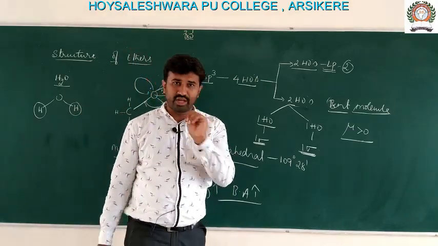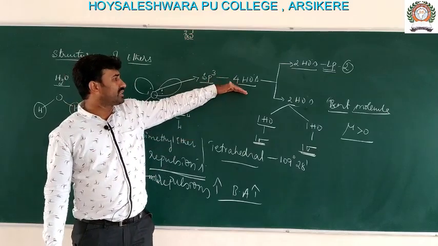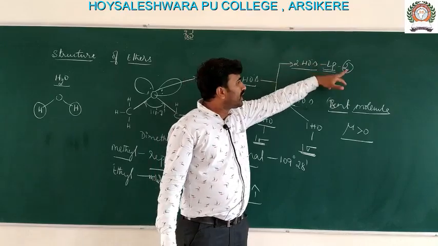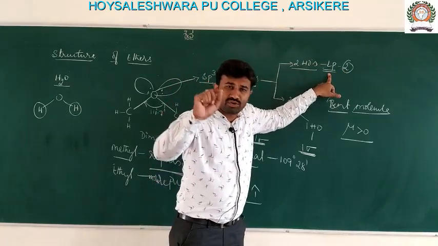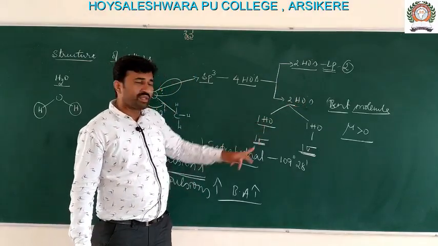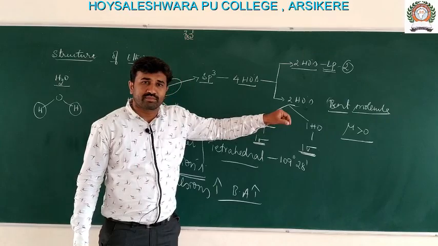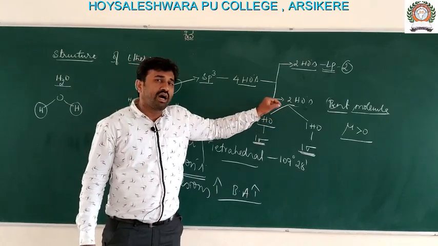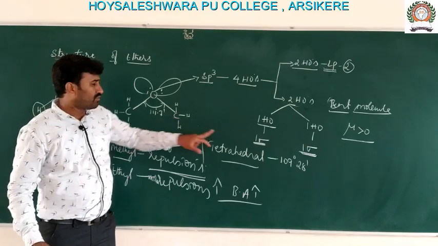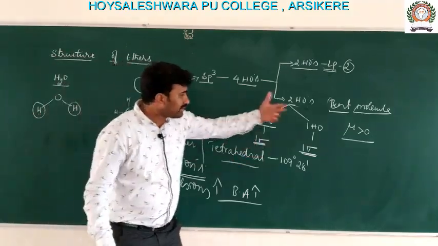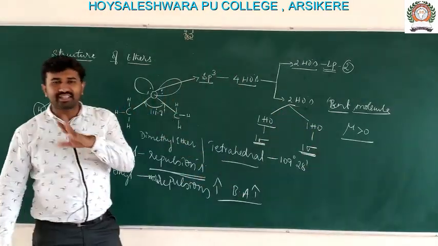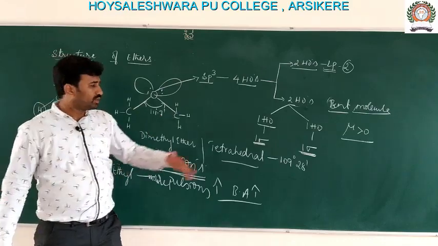Among these 4 hybrid orbitals, 2 hybrid orbitals are occupied by the 2 lone pairs of electrons of the oxygen atom, and of the remaining 2 hybrid orbitals, 1 hybrid orbital of the oxygen atom overlaps with the carbon atom of an alkyl group, forming a sigma bond. Similarly, another hybrid orbital overlaps with the carbon atom of the other alkyl group to form a sigma bond.